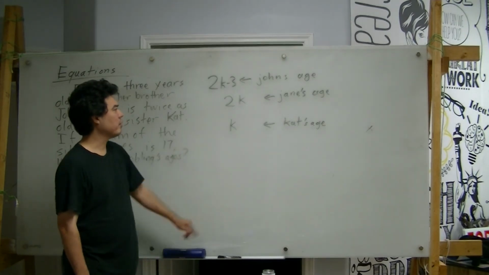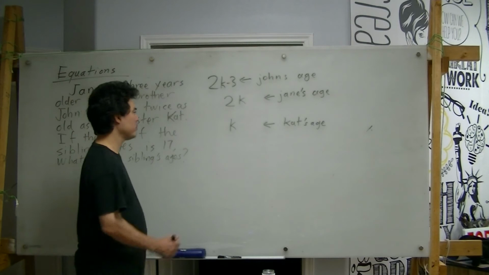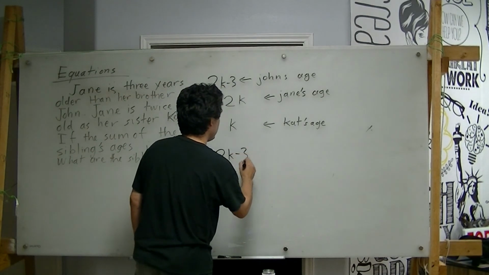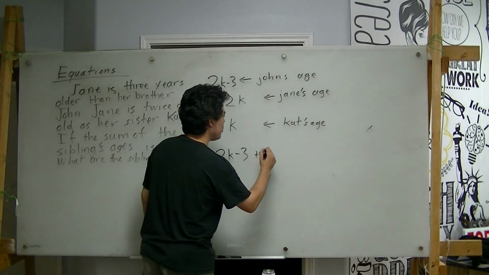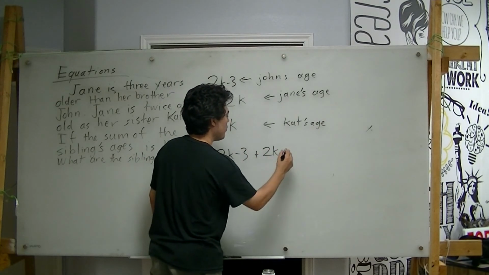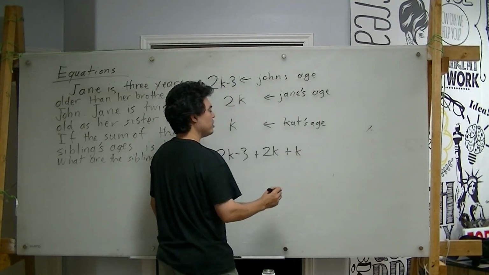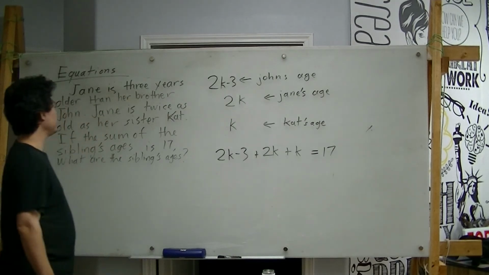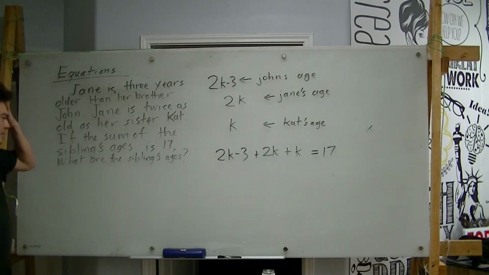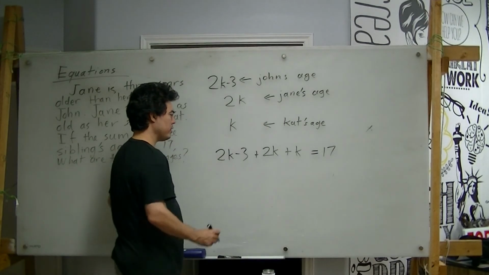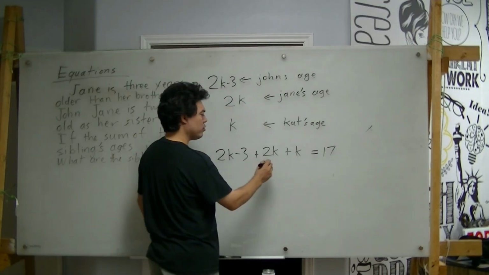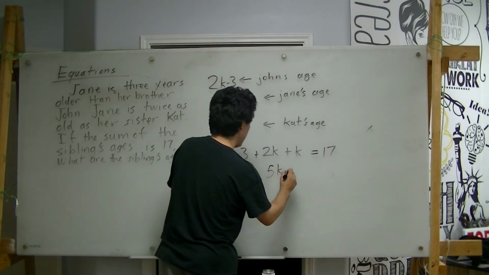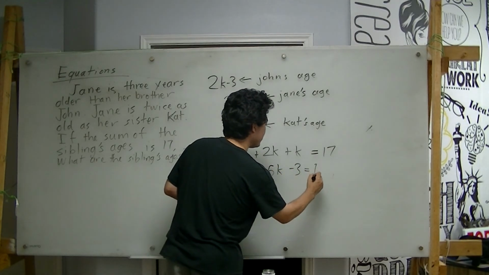And now I'm going to take it from here, just like we did a moment ago. We're going to add up these ages. 2K minus 3, which is John's age, plus 2K, which is Jane's age, plus K, which is Kat's age, gives 17, because the sum of the siblings' ages is 17. We combine like terms: 2K plus 2K is 4K, plus K is 5K, minus 3 equals 17.